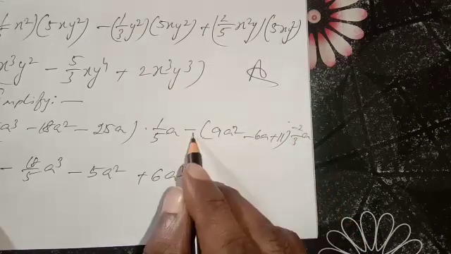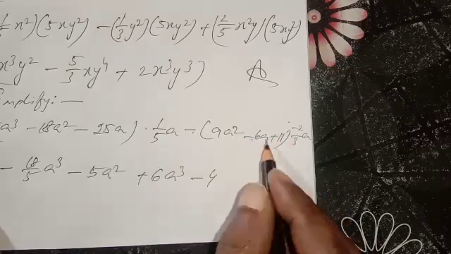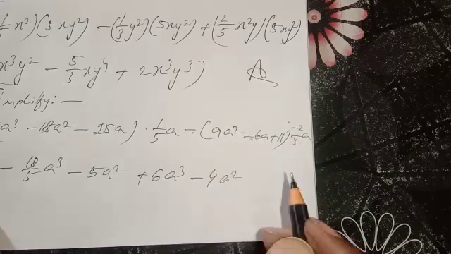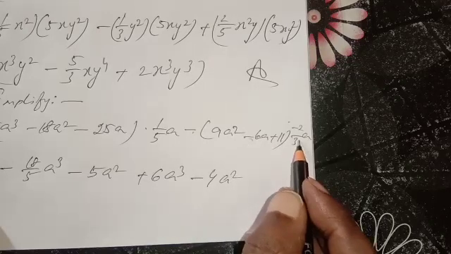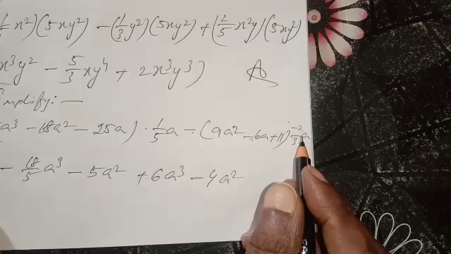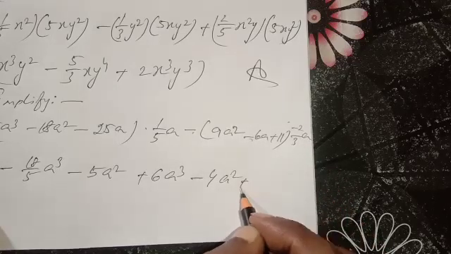Again this becomes plus, this is minus, 2 by 3 into 6 is 4, 4 a into a, that is a square. Then 11 and this is 2 by 3, that means 22 by 3 a.